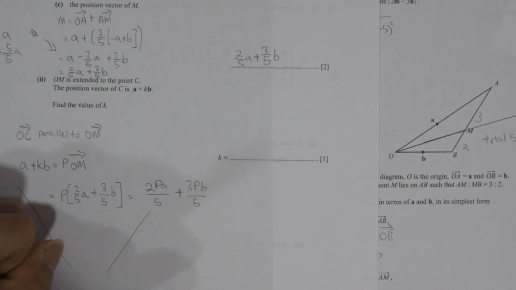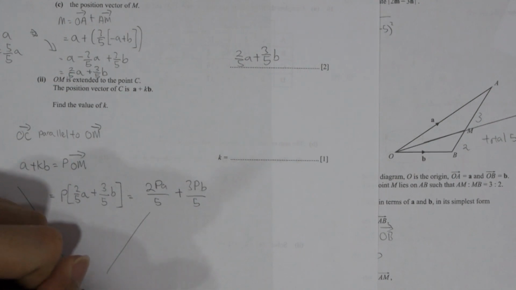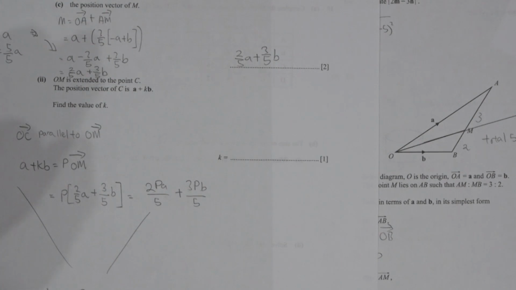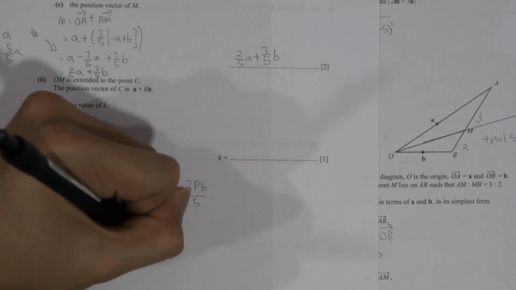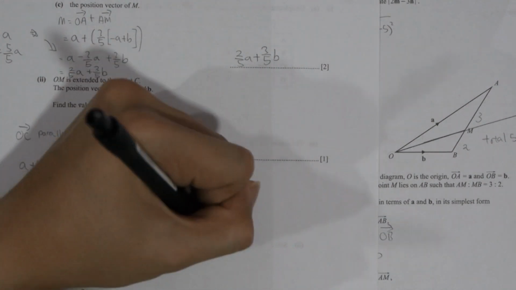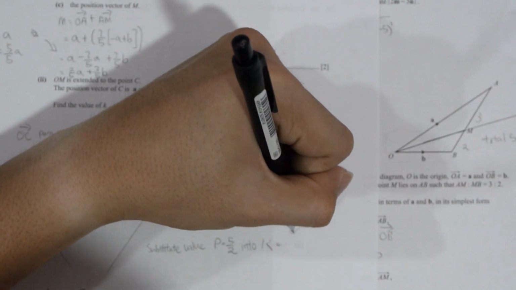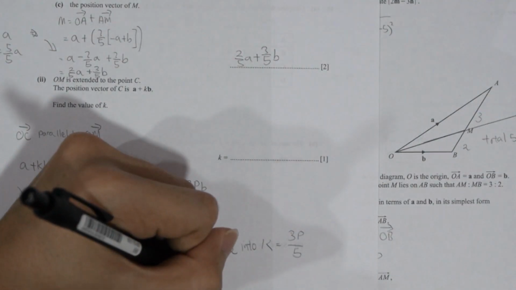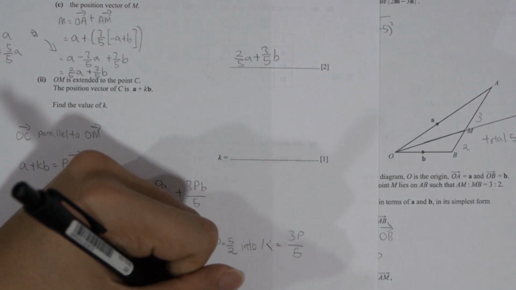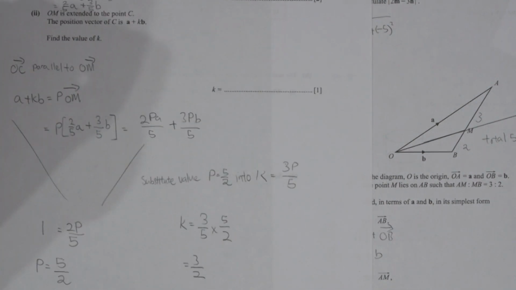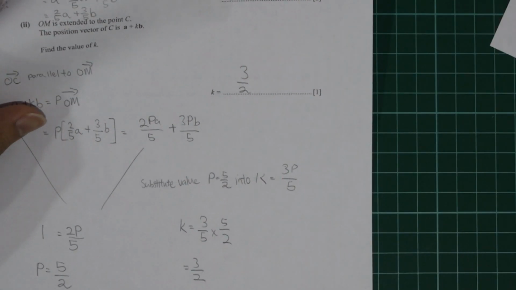So you need to compare the A to 2PA/5. After you run the calculation, you take away the A, and you get P is actually equal to 5/2. Next you substitute the value of P into the 3PB/5. Then you will get K is actually equal to 3/5 times 5/2.